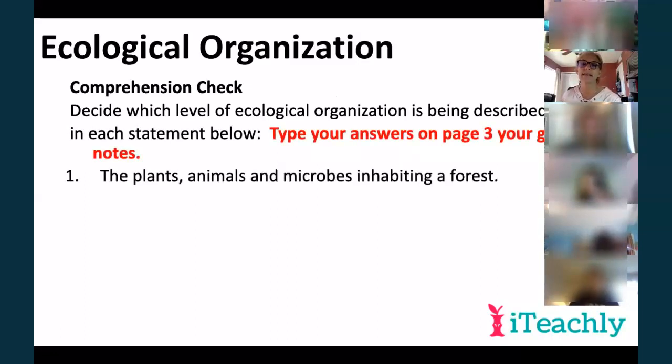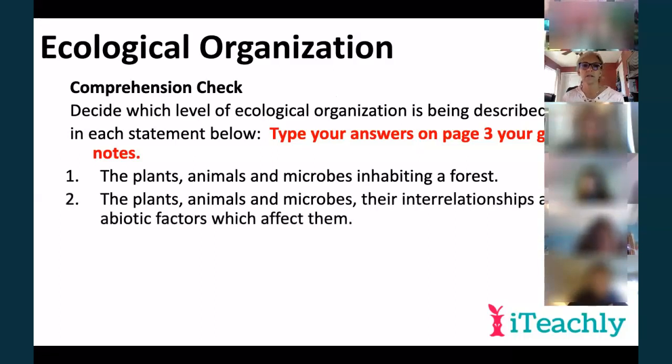So we got the plants, the animals, and the microbes inhabiting a forest. So is it a biosphere, an ecosystem, an individual, species, population, or community? Number 2 includes their relationships and the abiotic factors.